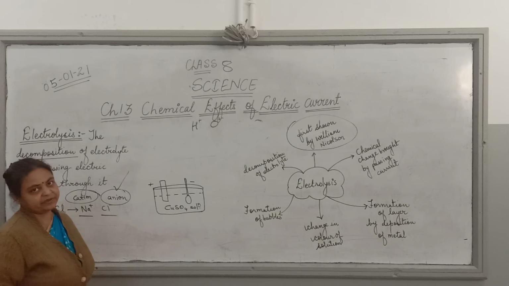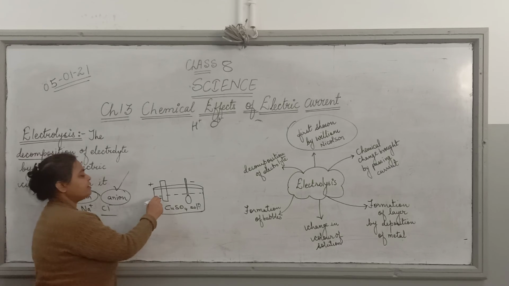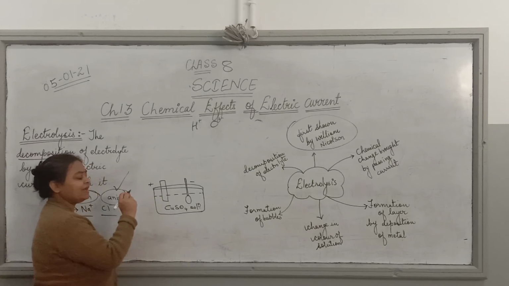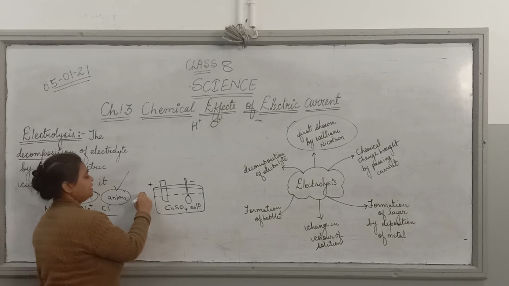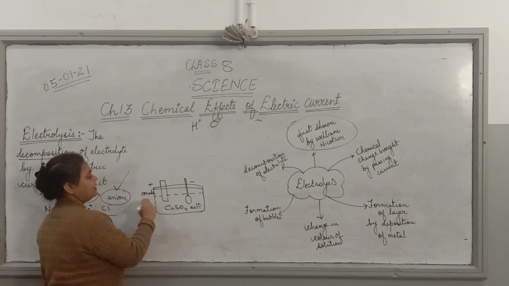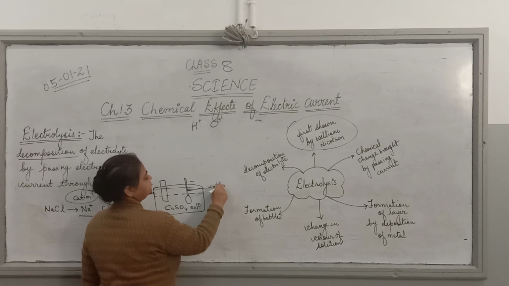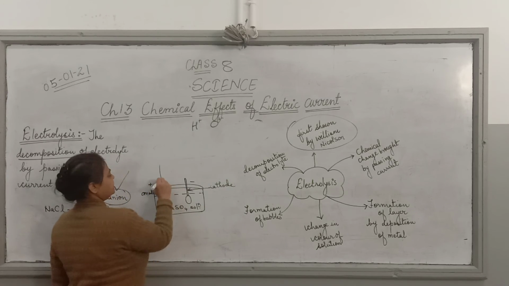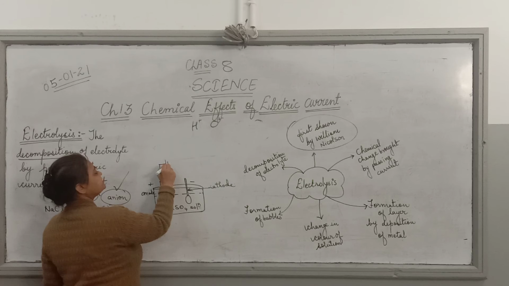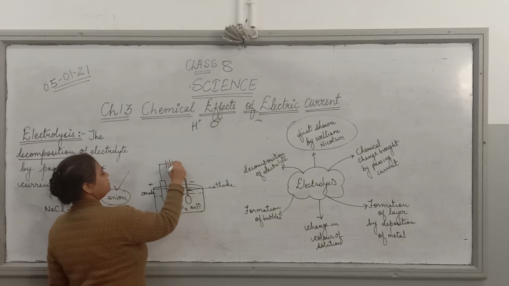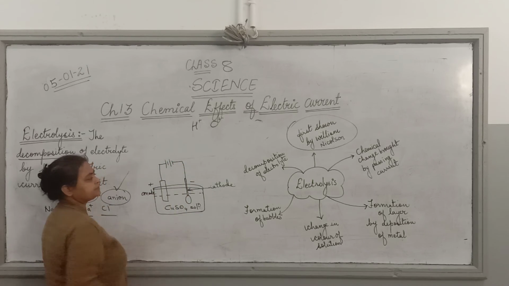So this copper rod will act as anode, and the steel spoon will act as the cathode.